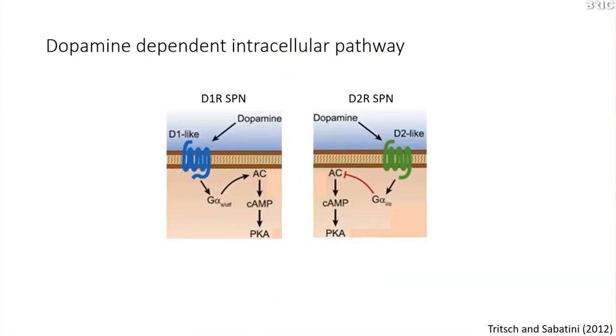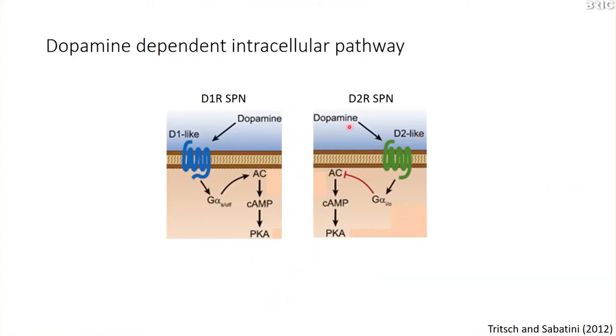The hint for the possible downstream mechanism of dopamine action on striatum can be found in dopamine-dependent intracellular pathways. D1 receptor is a Gs-coupled receptor. Therefore, dopamine binding to D1 receptor results in an increase in adenylyl cyclase activity, level of cAMP, and increase in PKA activity. In contrast, D2 receptor is a Gi-coupled receptor.